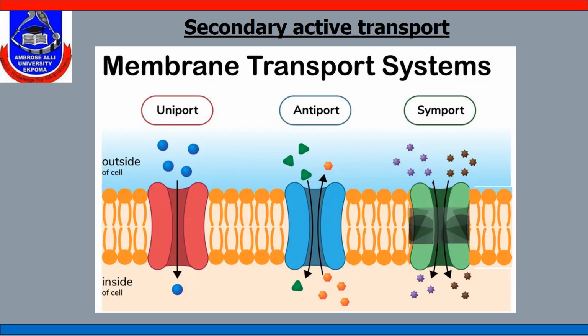In the case of the uniport, it's only one molecule that is moved into the cell. In the antiport, two molecules are involved, but in opposite direction. In symport, again, two molecules are involved, but moved in the same direction.